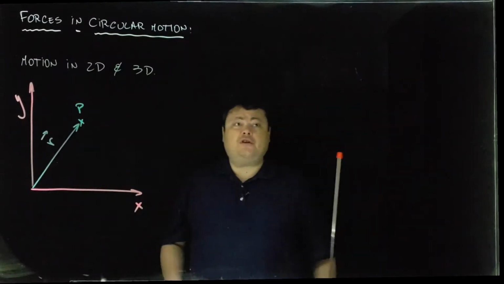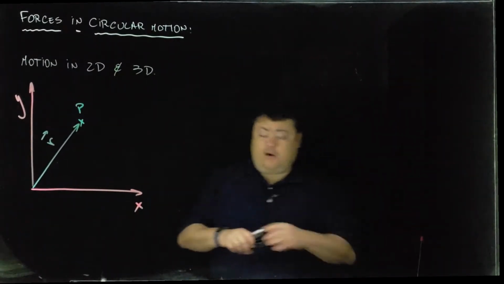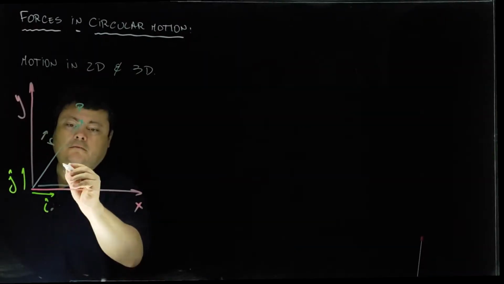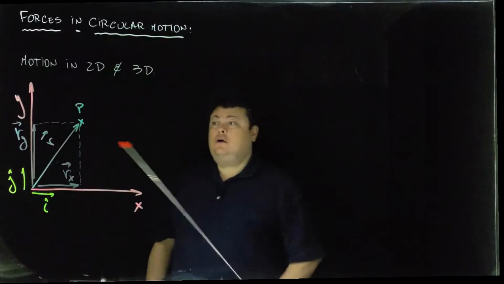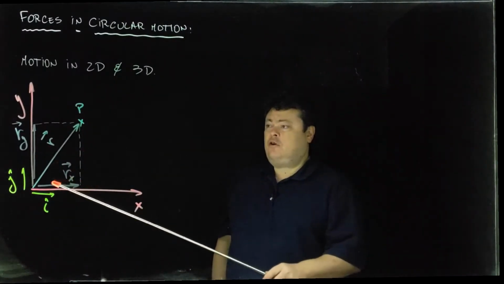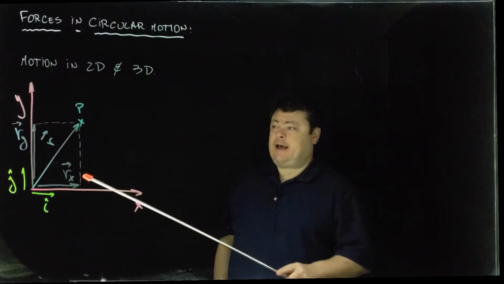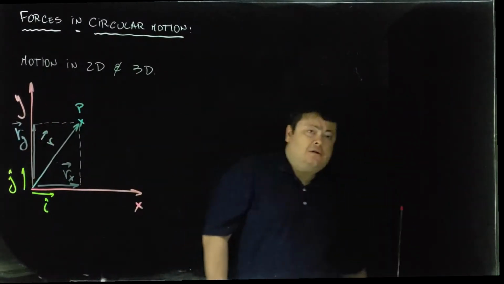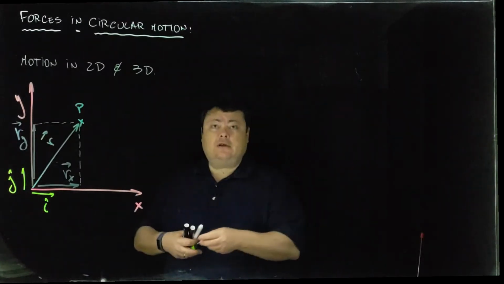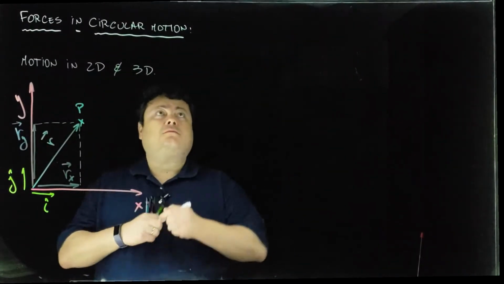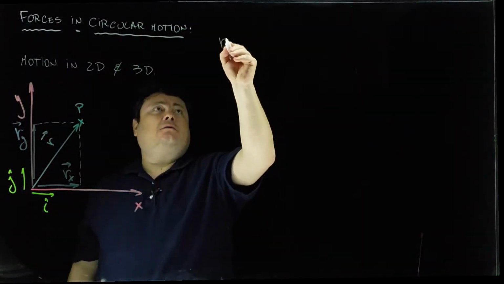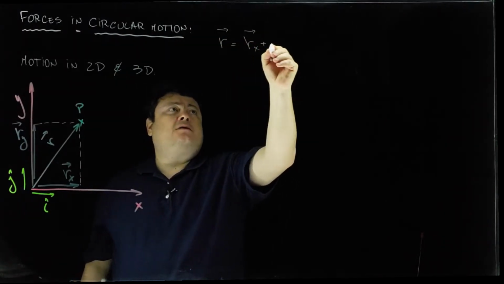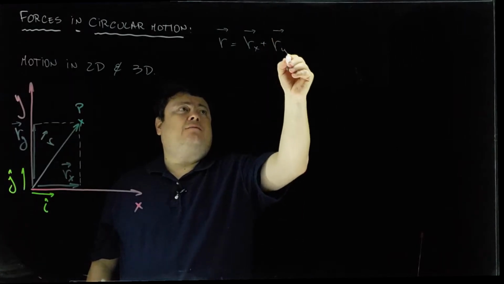In terms of unit vector and components, we have the following. We have the projection of R on the x direction, Rx, and the projection of R on the y direction, Ry. And we can actually write this in the following way. R equals Rx plus Ry.